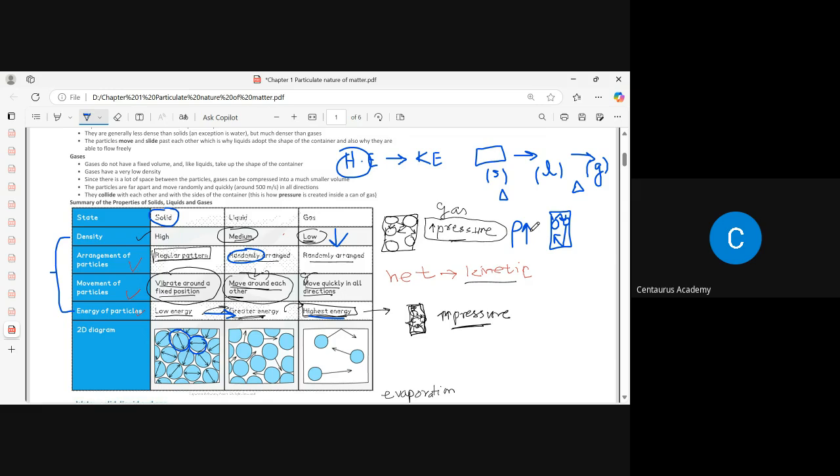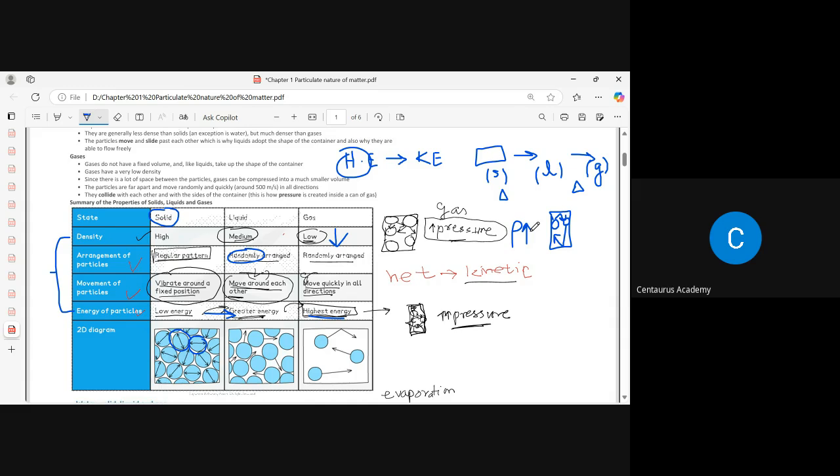So these are different concepts which are all interrelated and interconnected with each other. You have to grasp a bit of every concept so you're able to link all of them. Usually in your exam paper, you will be asked to define the changes of state of matter in terms of the particle collision theory and the kinetic particle theory.